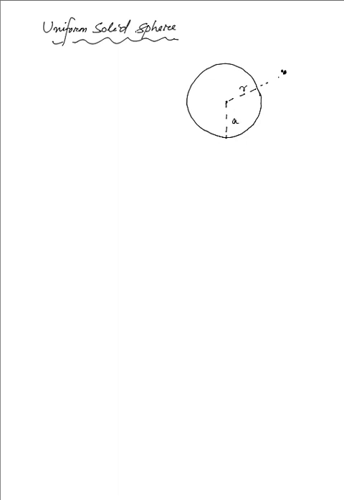Now, in order that this is calculated, what we must know is the distribution of mass. Obviously the mass is distributed over the entire volume, so we have mass distributed over 4 by 3 pi a cube.